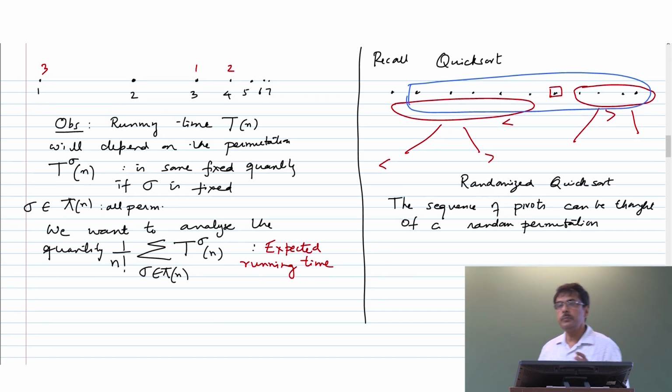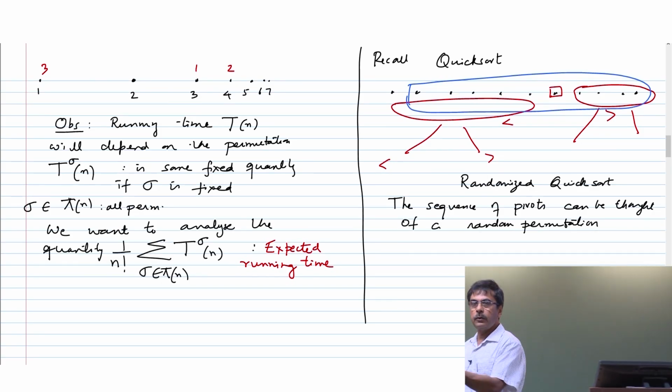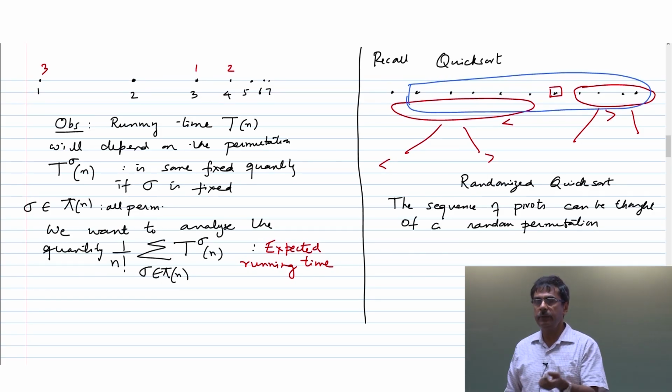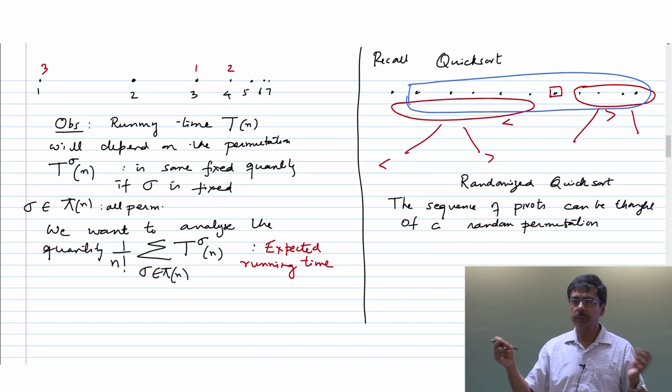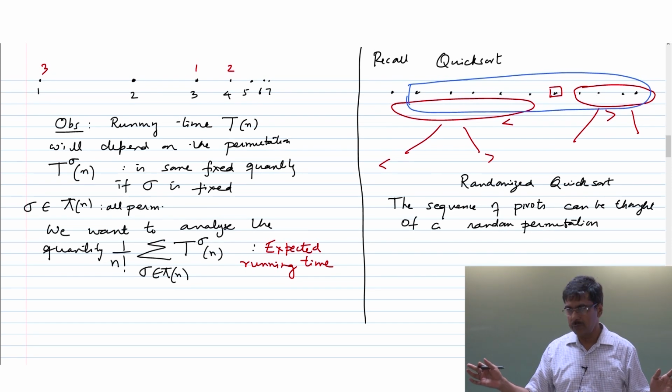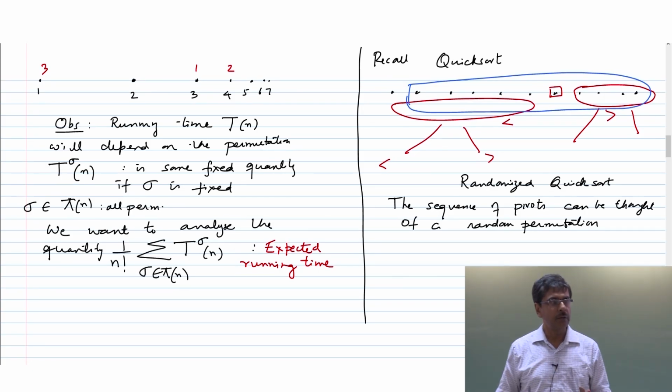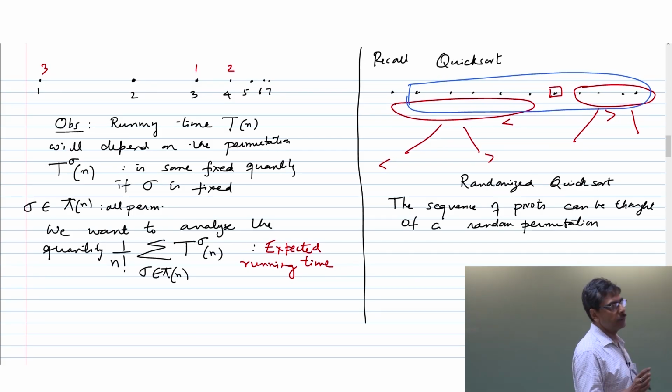So I am going to pick the pivots exactly according to the random permutation. If the first element is 10, I will pick element 10. If the second element is 200, I will pick the element 200 and use it to partition. That's the way I can run quicksort. And if you run quicksort that way, then any of those pathological cases will not apply. And that's the only way that you should be using or learning quicksort.